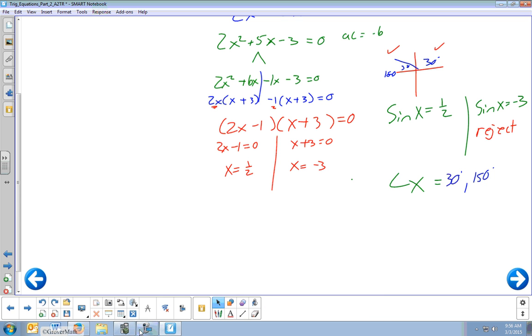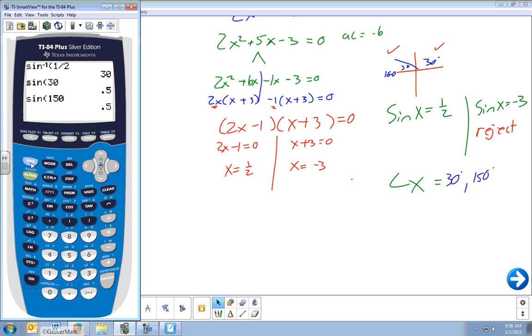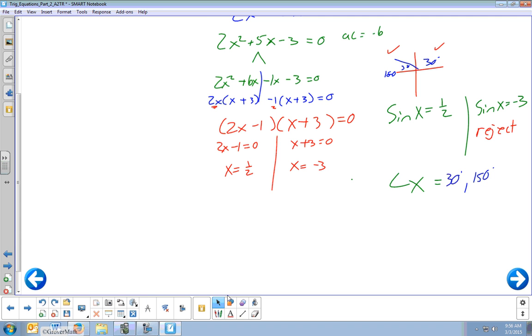And I can tell you why. Let's first type it into our calculator. Second sine of negative 3, enter, error. When that happens, you're going to reject it. The reason why that's happening is because remember what sine is. Sine theta equals opposite over hypotenuse, right? Well, the bottom has to be the larger number, right? The hypotenuse is the longest side of the triangle.